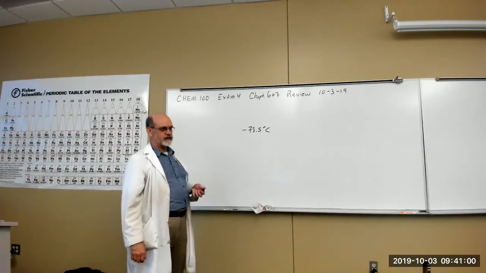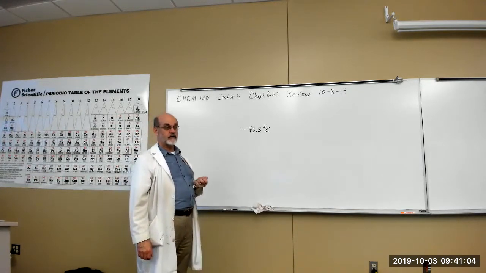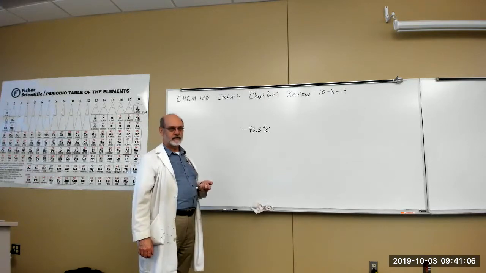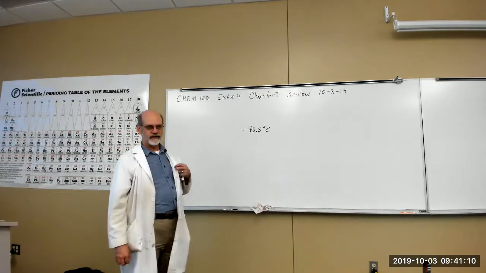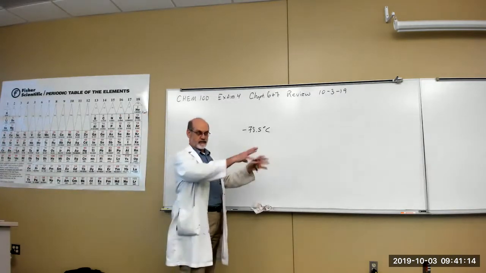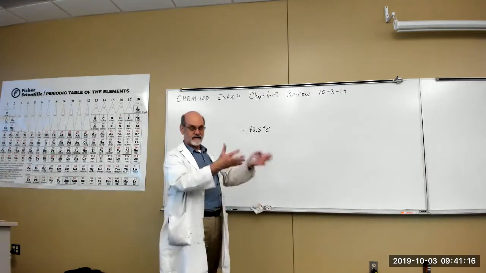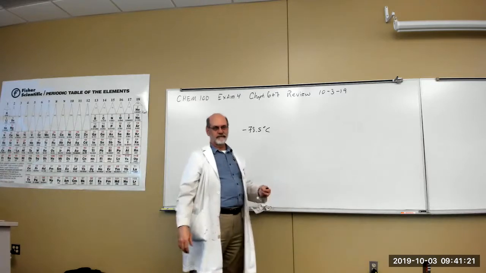Most of the time we freeze dry them. Everybody seen a freeze dryer? You know Sanka coffee? That was the first commercial product that was freeze dried. They take coffee, they freeze it first, put it in a chamber, and then evacuate all the air.